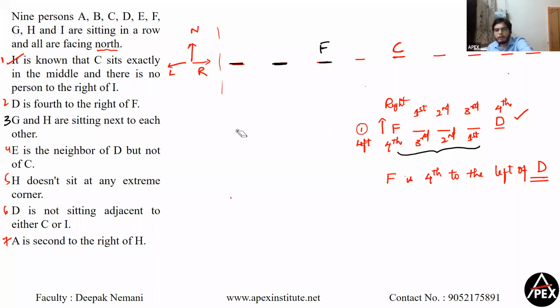So we will be having two possibilities: either it can be GH or HG. We do not know who's sitting at the first place. G and H are sitting next to each other, we do not know the order. So we will be having two cases.